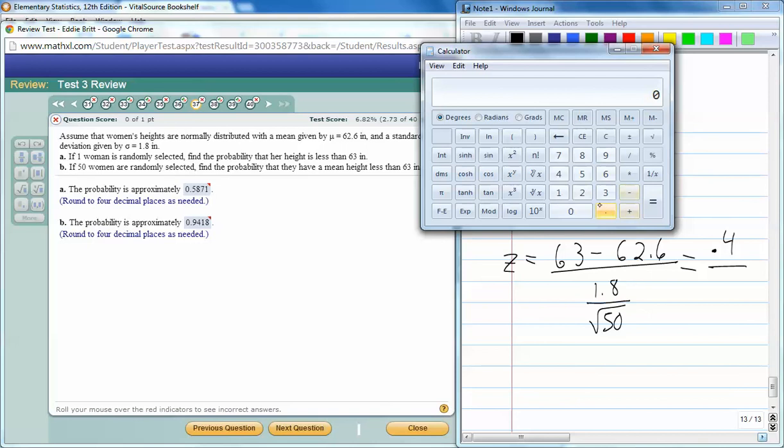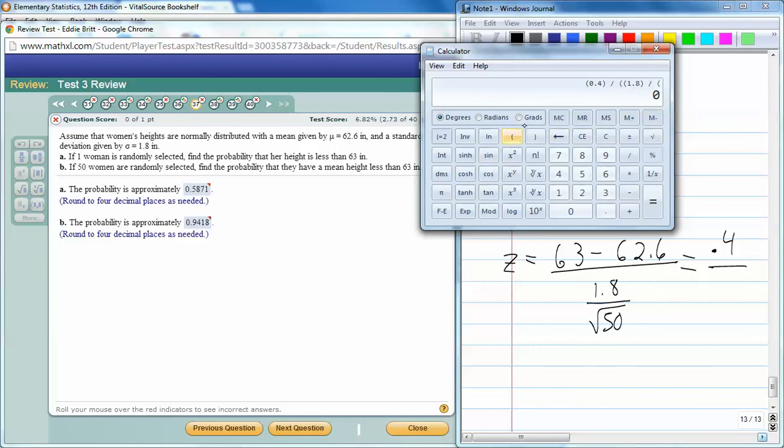If I use parentheses, let's see if I can do that. Parentheses, 0.4 divided by. Now, got to be careful because this is in the denominator. So I'm going to put parentheses, and then start a new parentheses, 1.8, close parentheses, divided by the square root of 50.